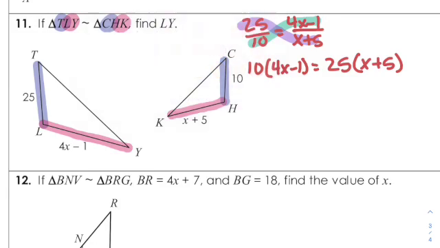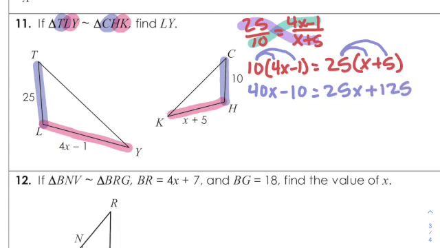Then we start distributing in the numbers. 10 times 4x is 40x. 10 times negative 1 is negative 10 equals. Then we distribute the 25 in. 25 times x is 25x. 25 times 5 is 125. As usual, draw your line down the equal sign if that helps you.